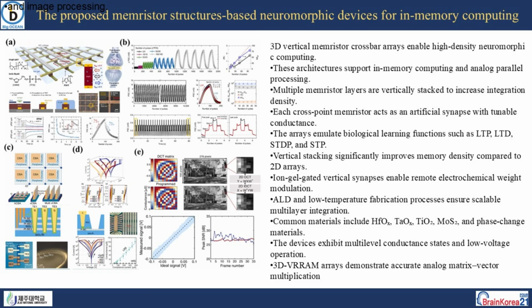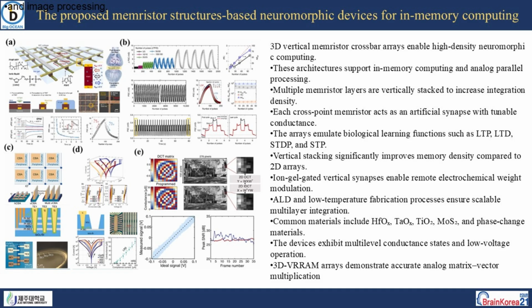Next one is the 3D vertical memristor crossbar array. This memristor can enable high density neuromorphic computing. These architectures support in-memory computing and analog parallel processing. Multiple memristor layers are vertically stacked to increase integration density.